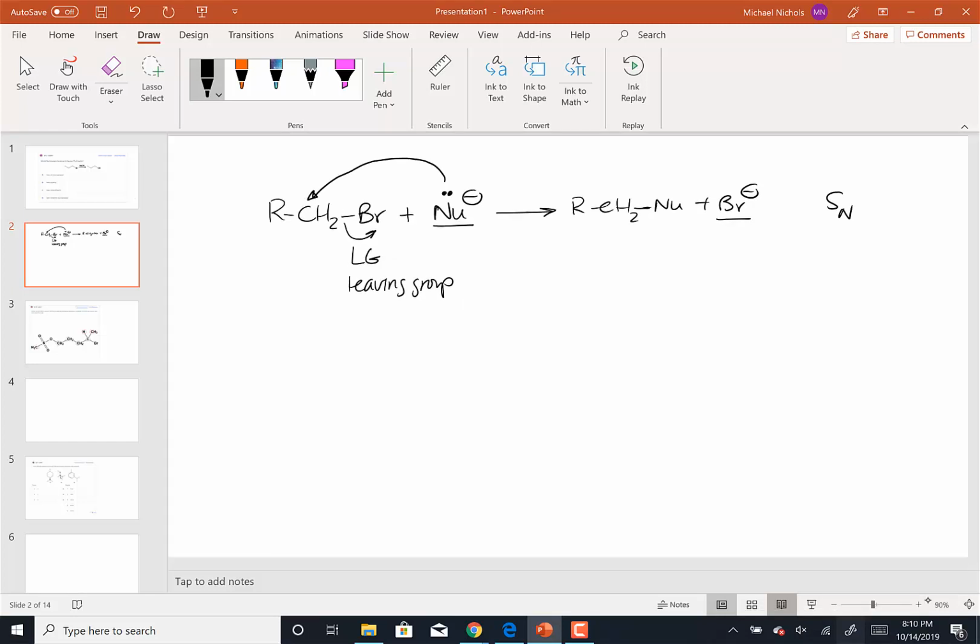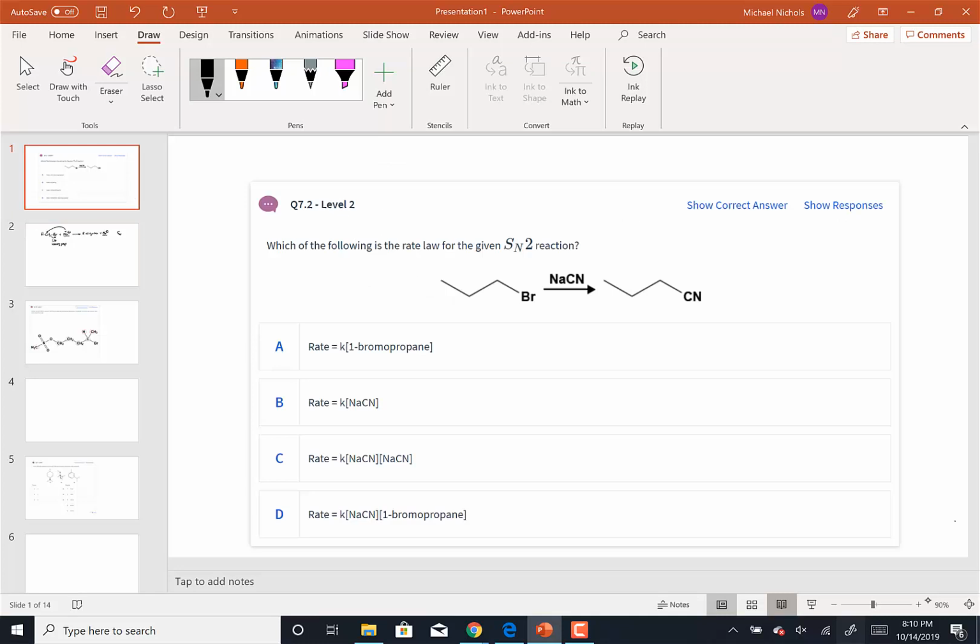So in this specific case, what we have is CH3, CH2, CH2, Br. That's that molecule. The nucleophile is sodium cyanide, but remember that sodium cyanide has an Na plus and a CN minus.